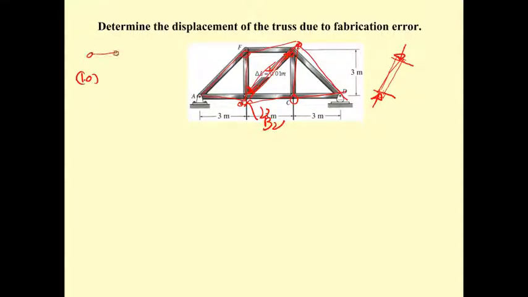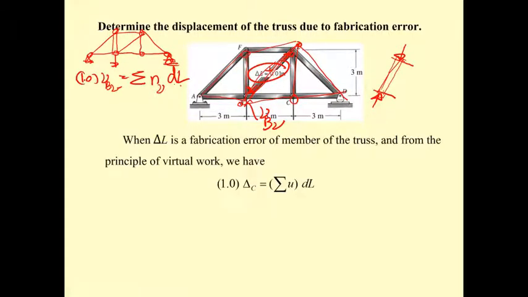You've got to have this truss again, and then put the same unit load on the truss, and then you times this by v sub bv. That's going to be the summation of the force n sub v as before, and times this one dl. You can put this one directly into this equation because it's the length already.